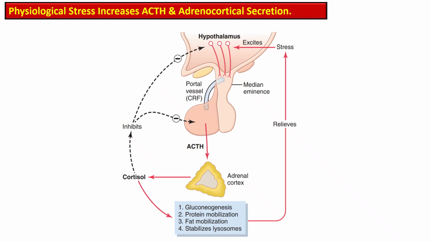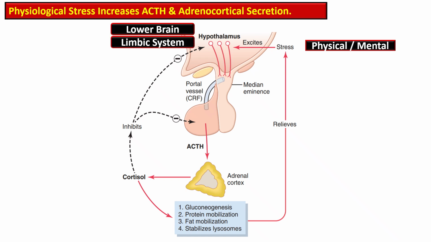Both physical stress, for example trauma and pain, and mental stress can rapidly increase ACTH secretion. This rise in ACTH triggers the adrenal cortex to secrete cortisol, often 20 times above normal level.